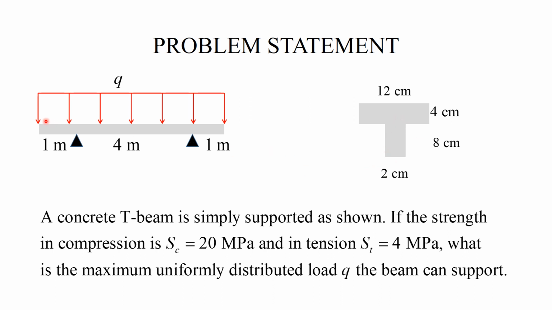The beam is supposed to sustain a uniformly distributed load, and the strength of the beam in compression is 20 MPa and in tension is 4 MPa. Our task is to determine what is the maximum uniformly distributed load Q the beam can support.